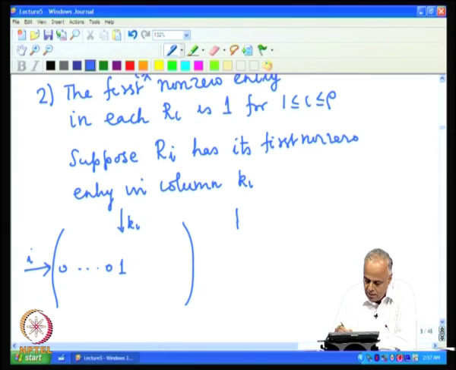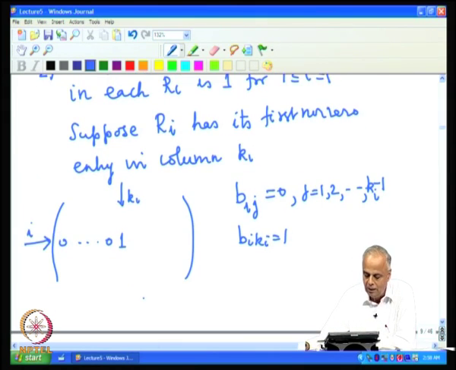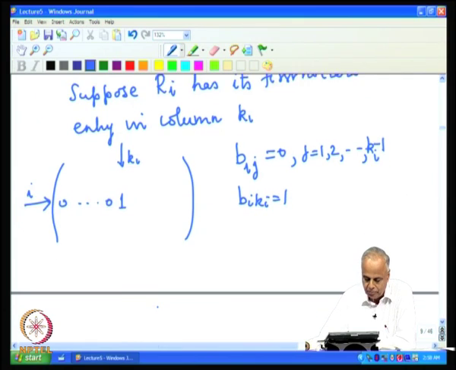That means B i j must be 0 for j equal to 1, 2 up to ki minus 1, and then when I come to ki I get a 1.